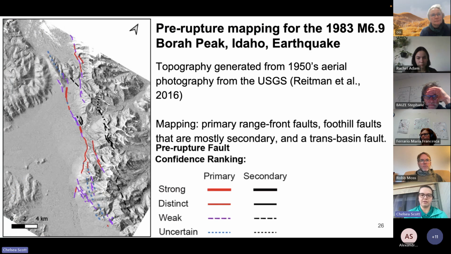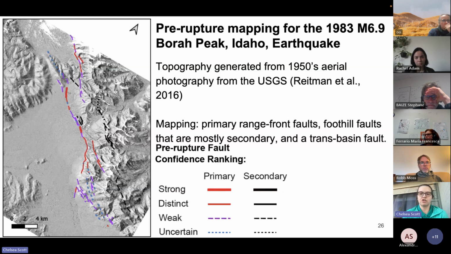So I'll discuss several of the pre-rupture map results from our study. This is looking at the 1983 magnitude 6.9 Borah Peak earthquake, which again occurred in Idaho. One of the major challenges of this project was locating high quality imagery and topography acquired before the earthquake.